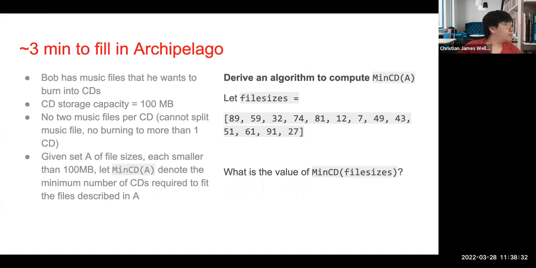In the answer, I just asked what's the minimum number of CDs required. At the same time, maybe you can give a description of the algorithm as well. Give a high-level idea: think of it as you're implementing this in code. You're given an array, what should you do at a high level?